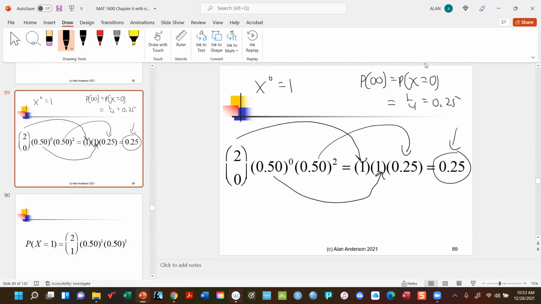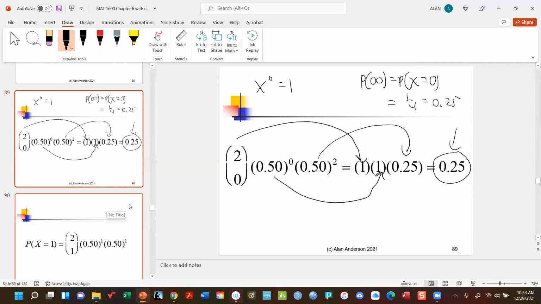Instead of counting how many ways this can happen, we end up using a formula, and we'll see that the larger the sample space is, the more convenient this formula is compared to just simply counting the number of outcomes. Now, we also want to know the probability that x equals 1.